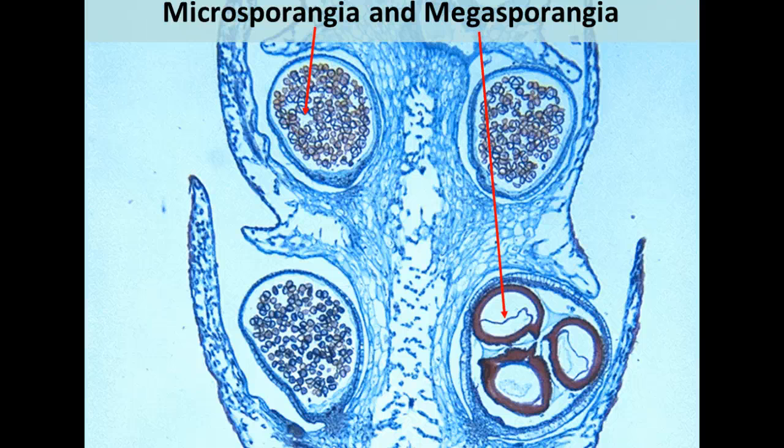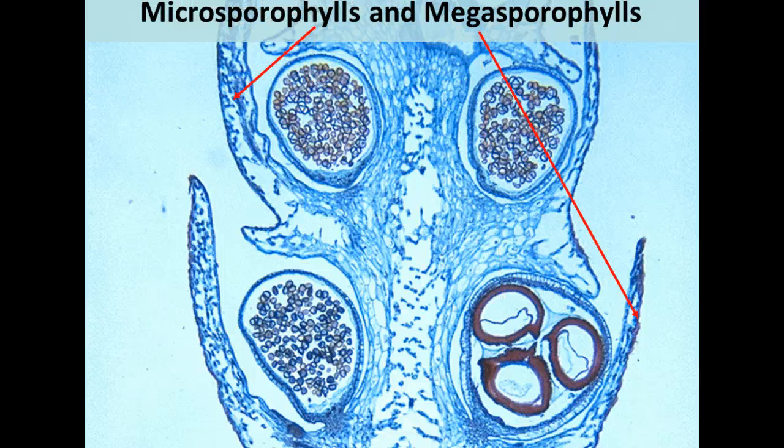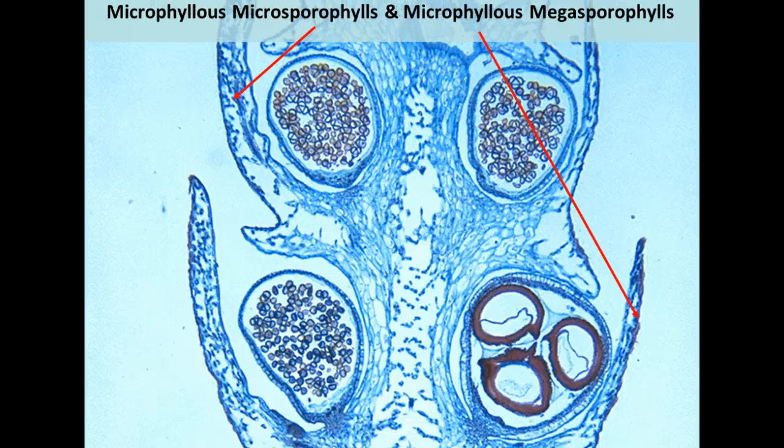But now that we're looking at megaspores and microspores, now it becomes even more annoying with terminology. So now it's microsporophylls and megasporophylls. If you were to look at this thing from the outside, would you know which one is a microsporophyll and a megasporophyll? Not necessarily. So you'd have to know something about what's inside to make that much of a distinction.